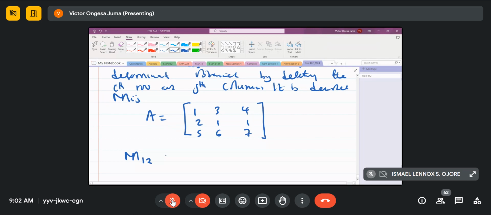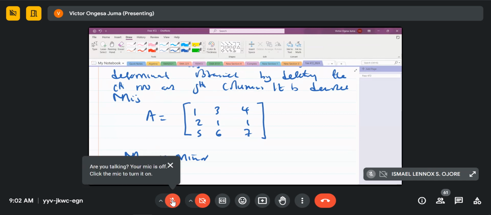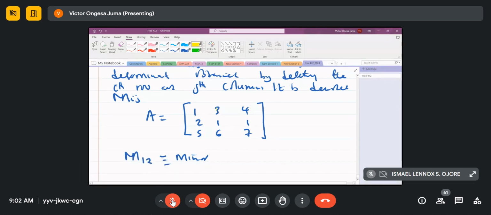That means the minor of the element belonging to the first row and second column. Which element belongs to the first row and second column? 3. Correct. So the minor M_12 is the determinant obtained by deleting the row and column containing 3.